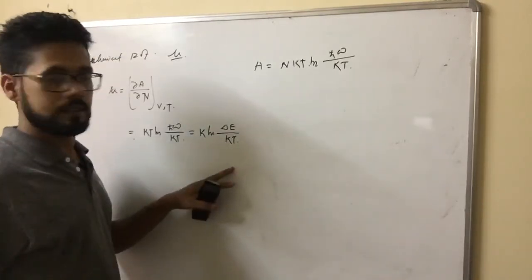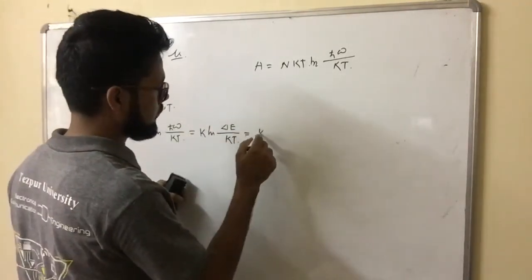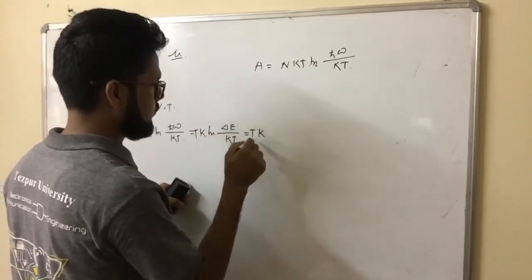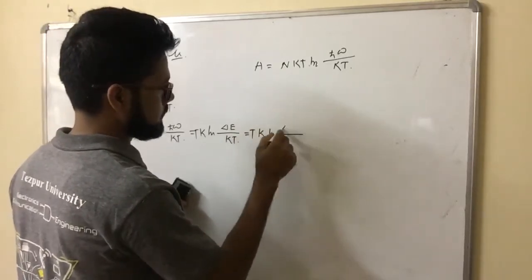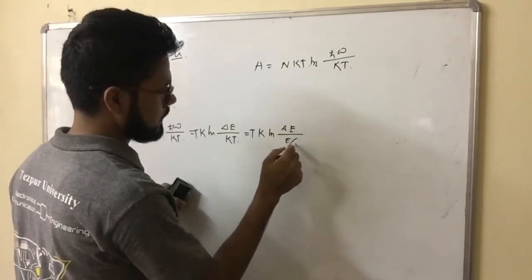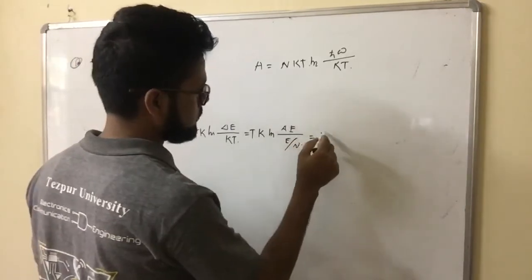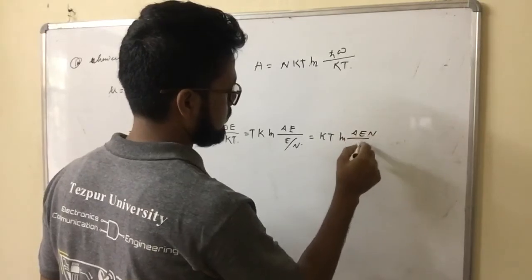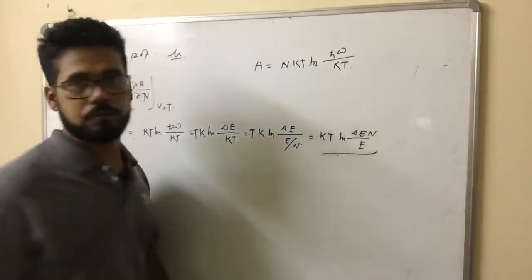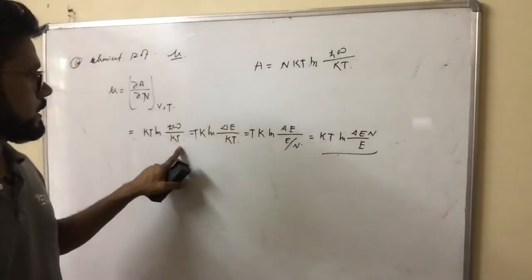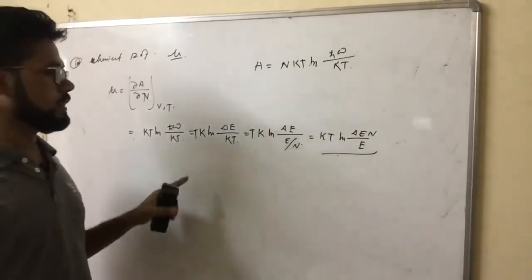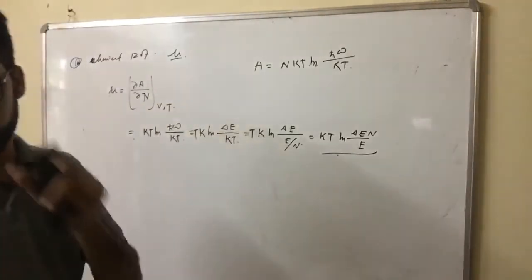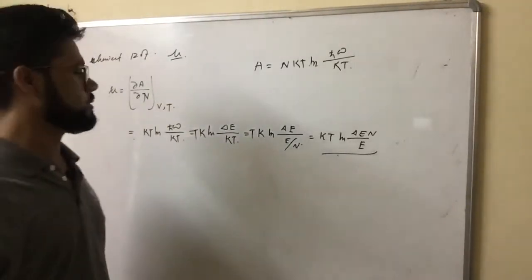Or I can replace it: kT ln(E by n). This is the chemical potential. Chemical potential is equal to 0. At T equal to 0, what happens? Chemical potential becomes 0 also.